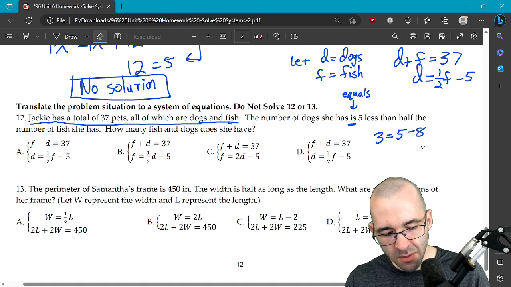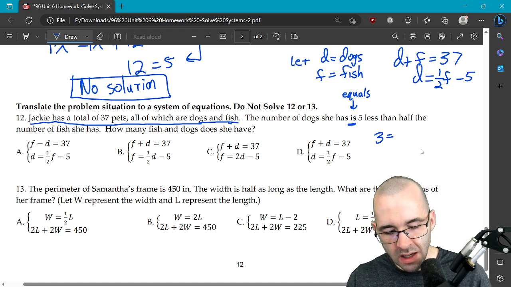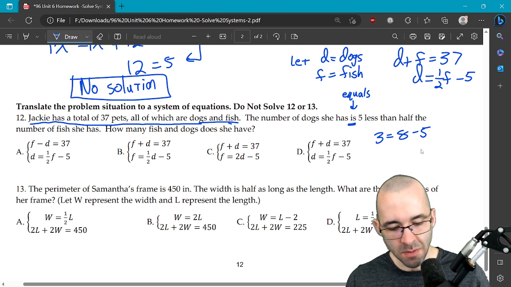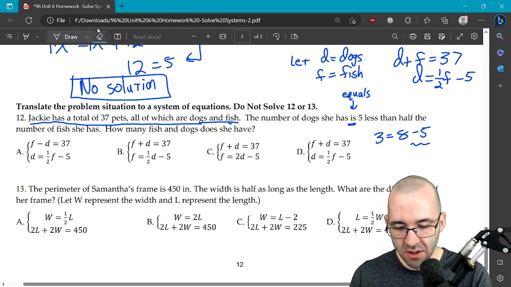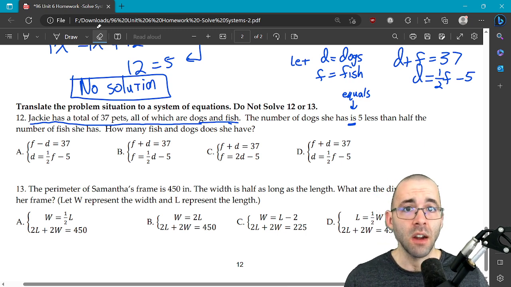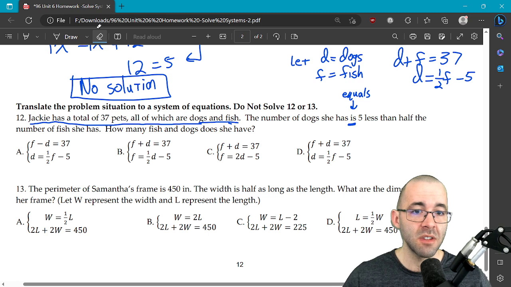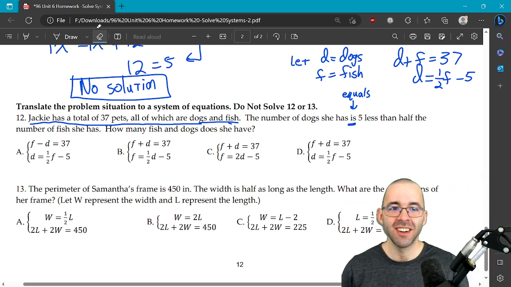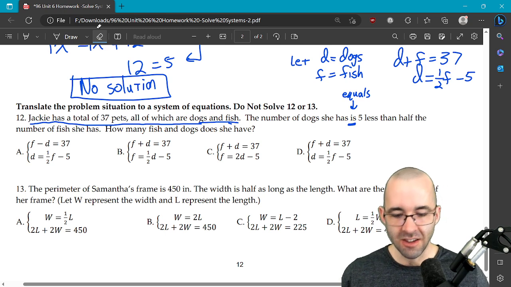So 5 less than must be the other way around, right? 3 is 5 less than 8. Less than must mean a minus 5 at the end. That's just a little trick that I use. And I really, truly do use that trick because sometimes the wording confuses me too. English is hard for me. I'm a math guy, not an English guy. Okay, so that's a good thing to do.